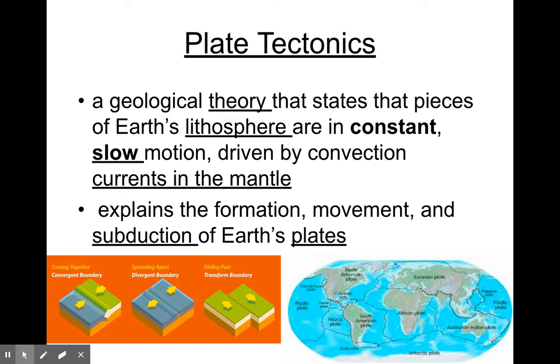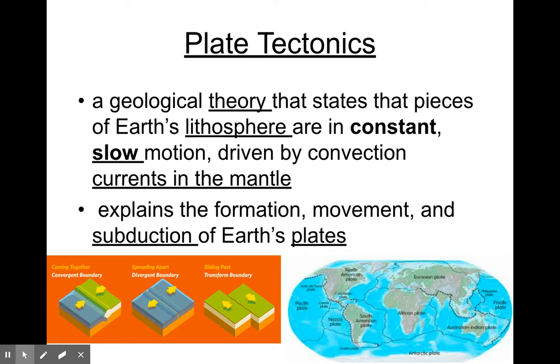So the theory of plate tectonics is a geological theory that states that pieces of the Earth's lithosphere, that's the key here, it's not the continents that are moving, it's the lithosphere in plate tectonics, are in constant slow motion. And they are driven by, again, another key here, convection currents. Alfred Wegener, in continental drift, did not know what was driving the continents to move.